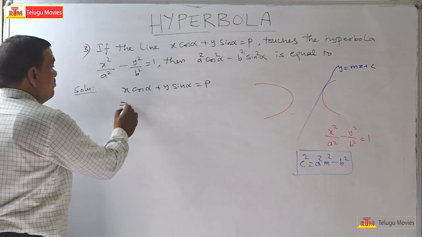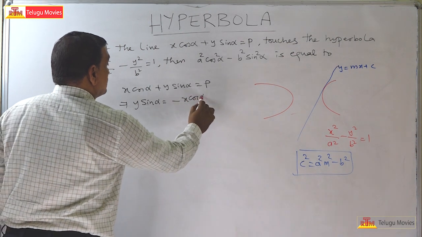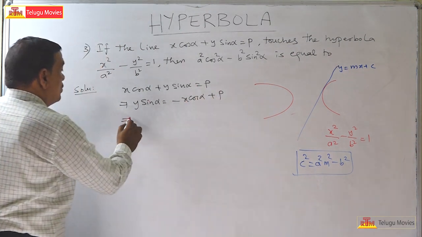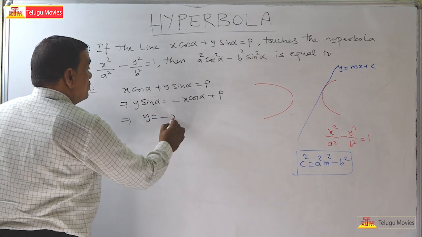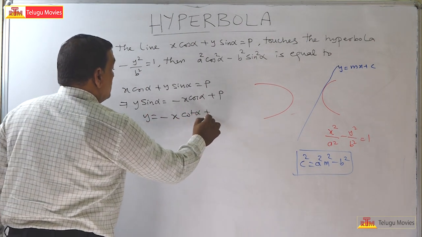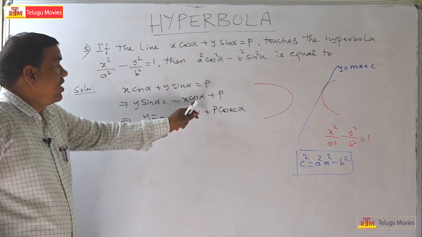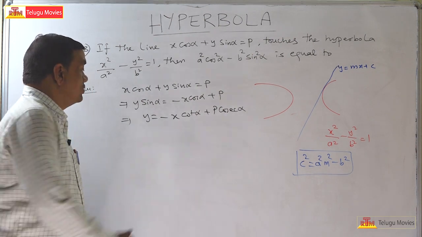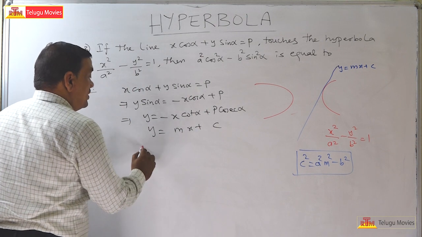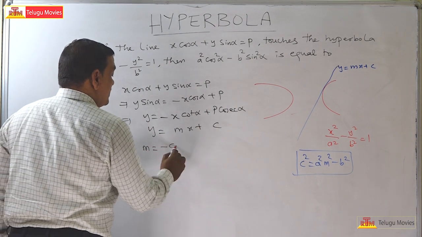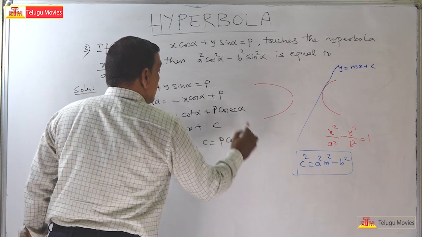Now this implies y sin alpha is equal to minus x cos alpha plus P. So divide with sin alpha on both sides. So y is equal to minus x cot alpha plus P cosecant alpha. So this is of the form y is equal to mx plus c. So here m is equal to minus cot alpha and c is equal to P cosecant alpha.